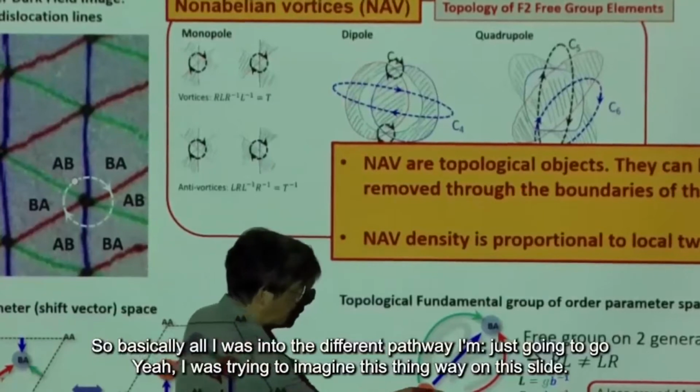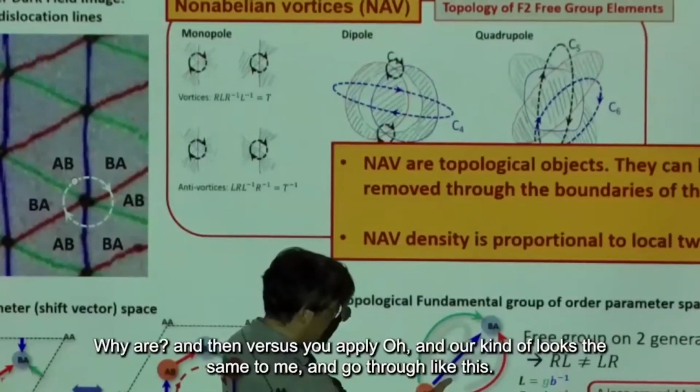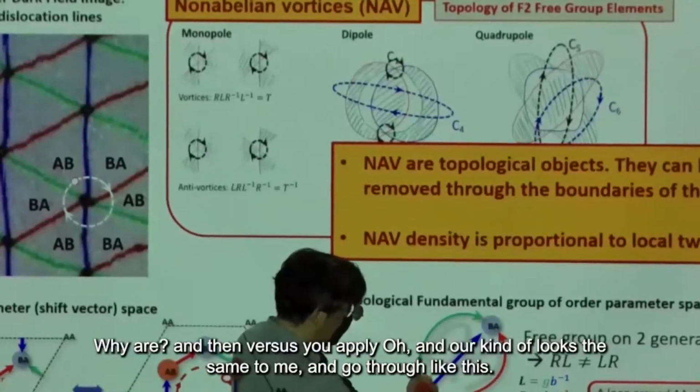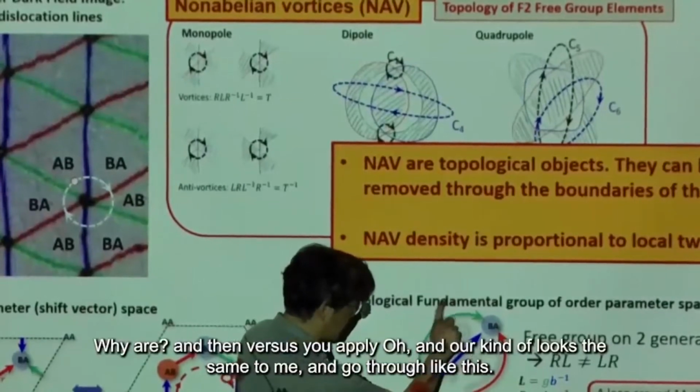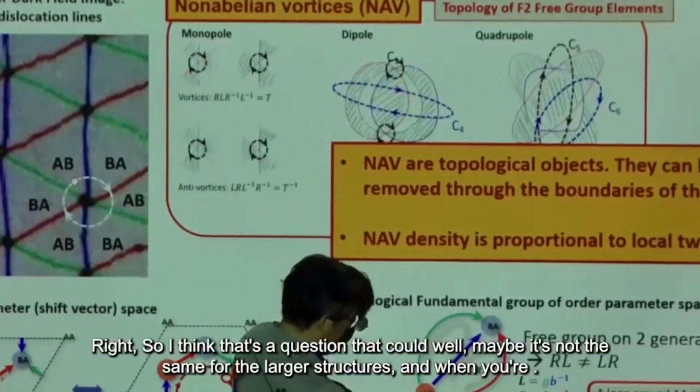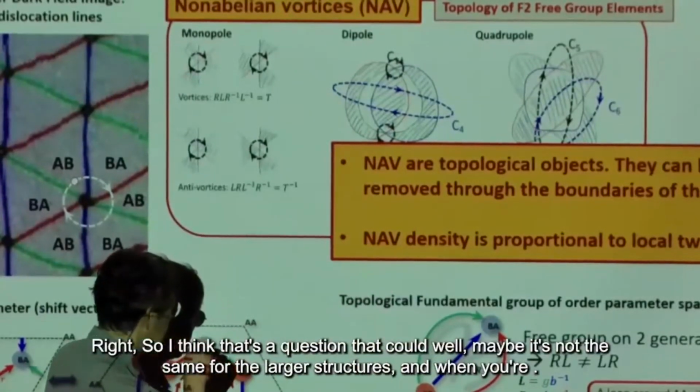So let's see then. If I go to the RL, if I go through like this and go through like this, right? So I think that corresponds to the... or maybe it's not the same for the larger structures, and on the smaller structures it might convert. I don't know.